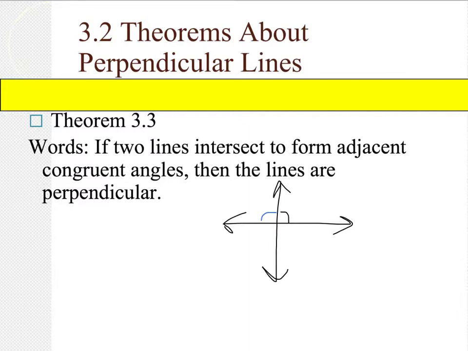So not vertical angles where it's opposite, it's the two next door neighbors to each other. If they intersect and those are congruent angles, that tells me that they are 90 degrees and that they are perpendicular.